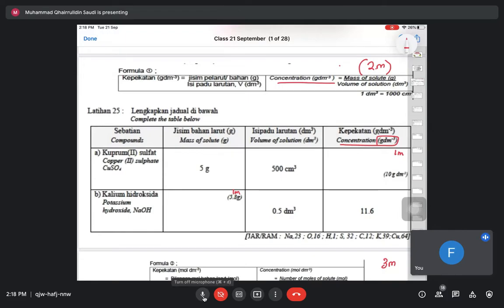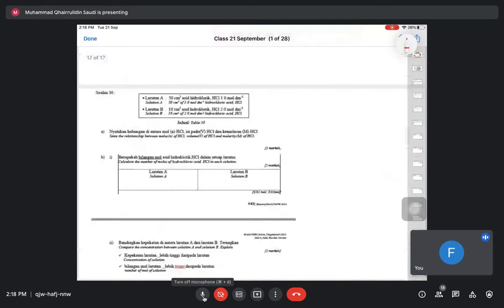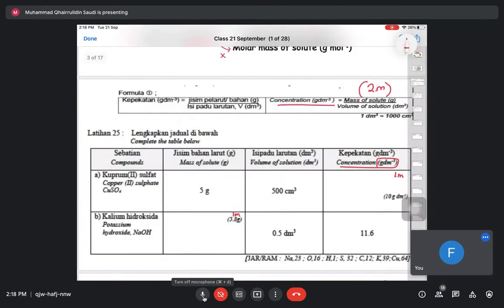Alright, sorry. Continue. Make sure you mark your work and give points to your work as well. To find the concentration in gram per dm cube, we take the mass of the solute divided by the volume of the solution.